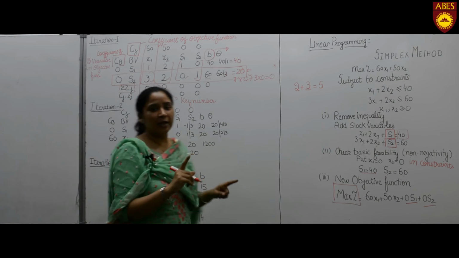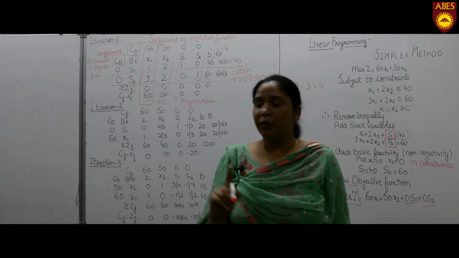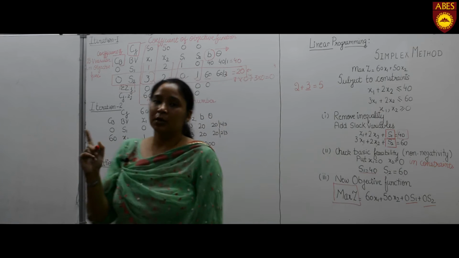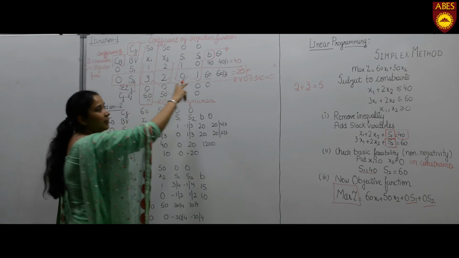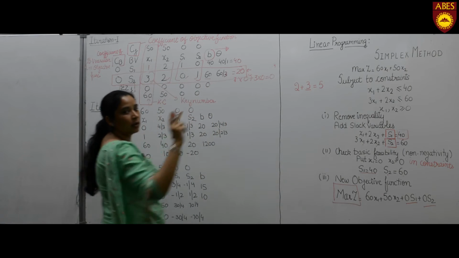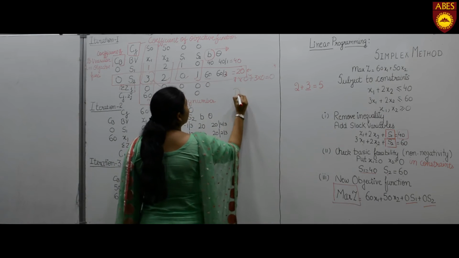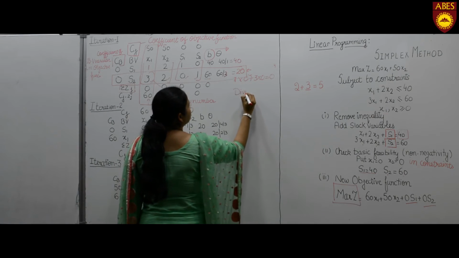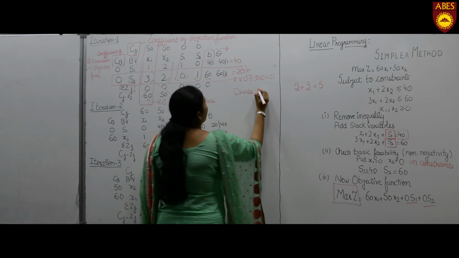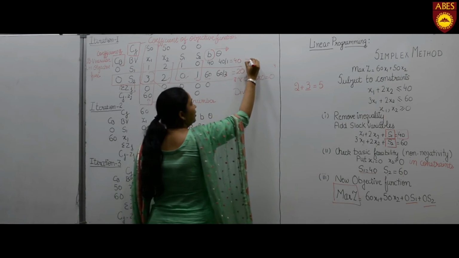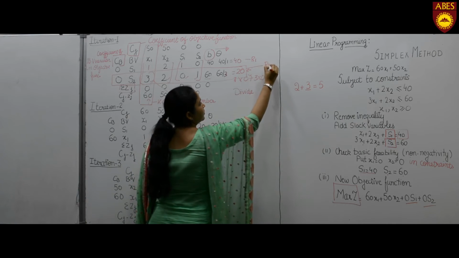Rule 1 is we have to make this key number 1. So we will divide this row by 3. I will name this row R1 and this row R2.